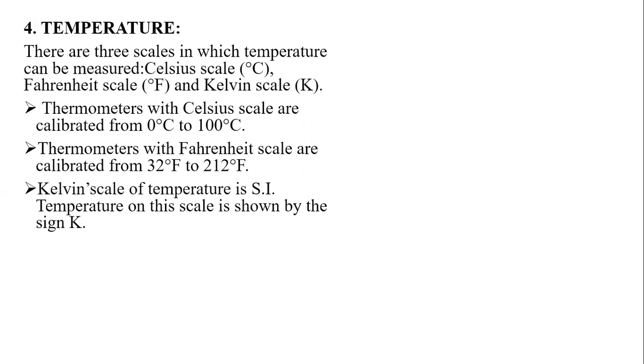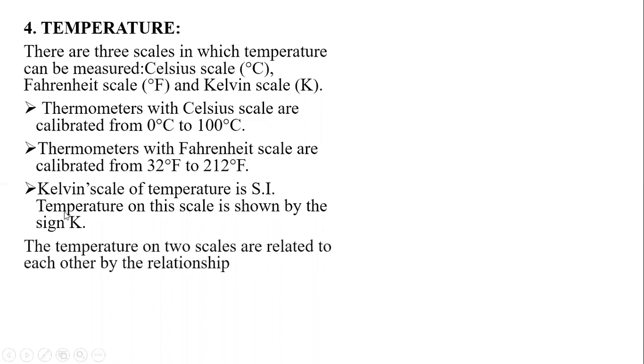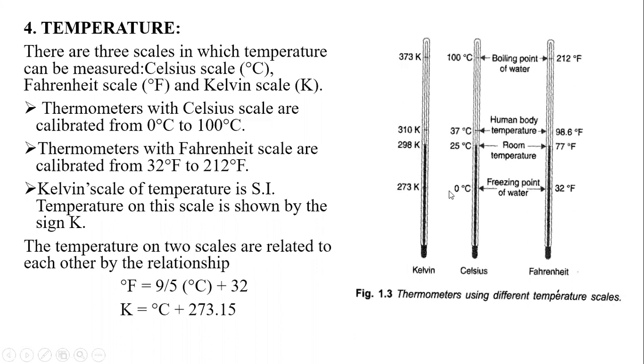Kelvin scale is the SI scale of temperature, and it is represented by capital K. The temperature can be converted from one unit to another with the help of the following relation. These temperatures are measured with the help of the given thermometers.